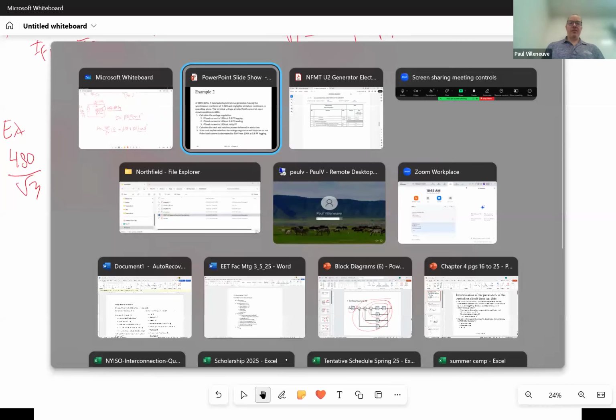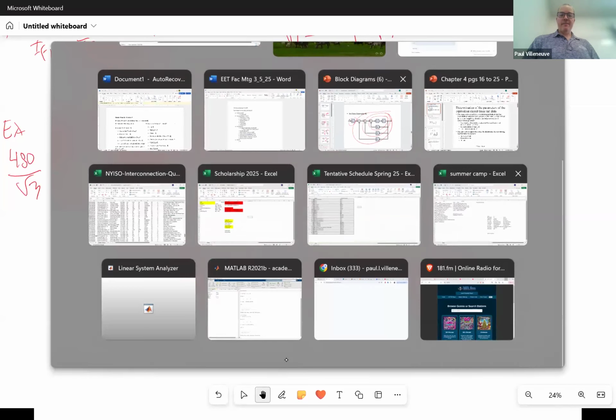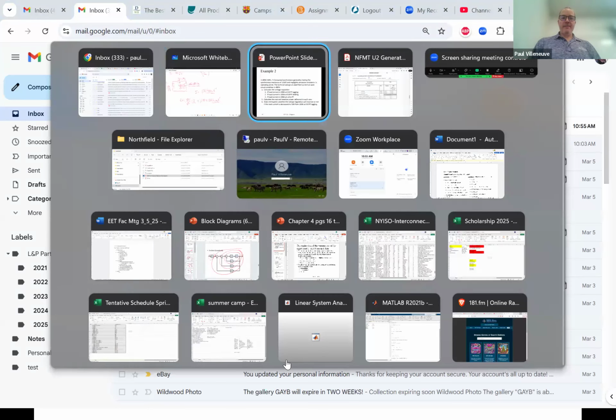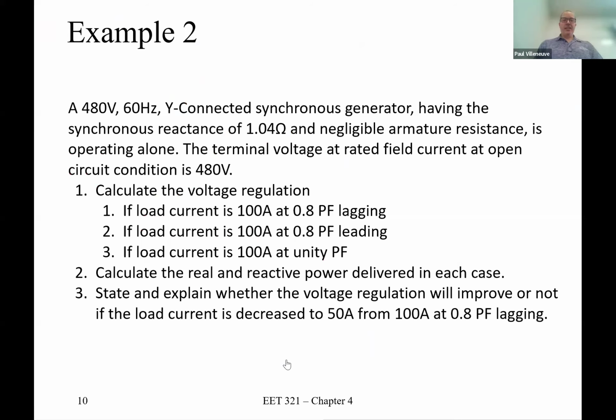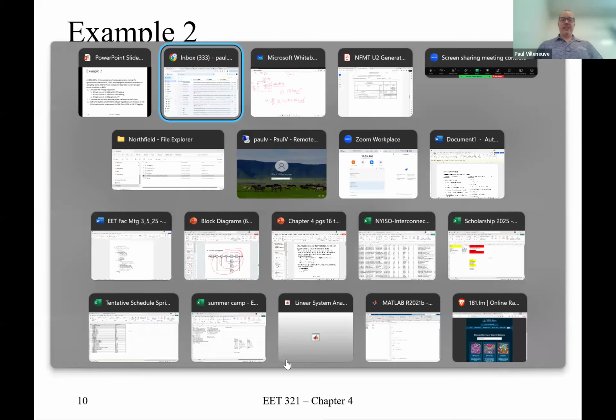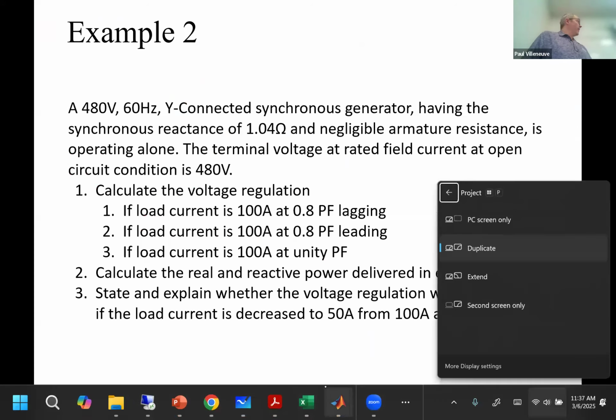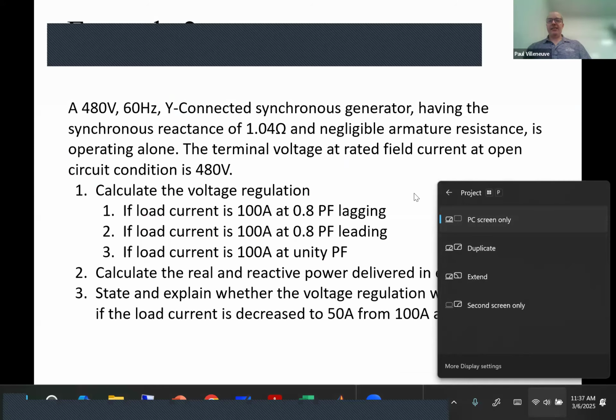I'll just do it in MATLAB, if I can find MATLAB. Whoops, that was not MATLAB. The hand shook me to no man's land again. Sorry for the technical issues. I think that's the first time it's ever done it twice in a class.